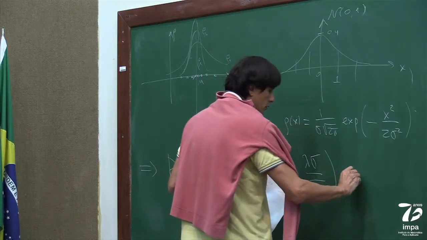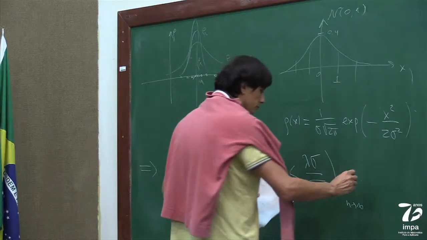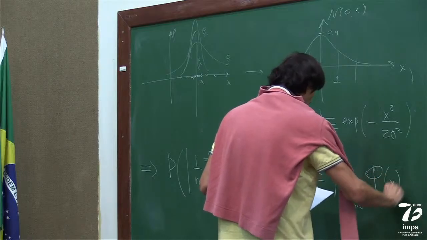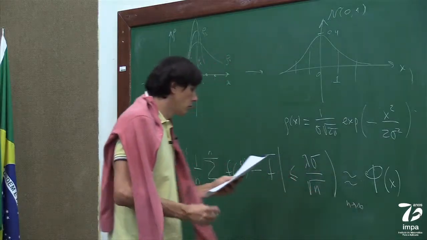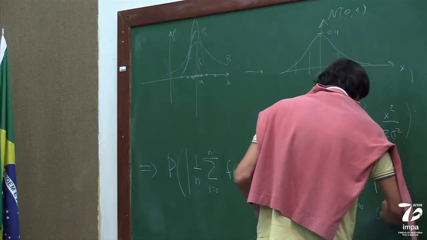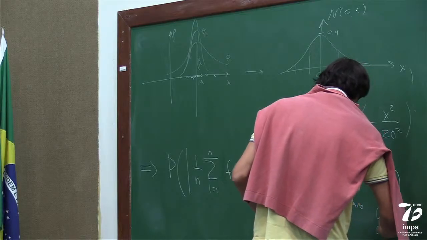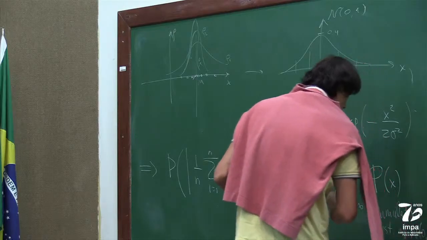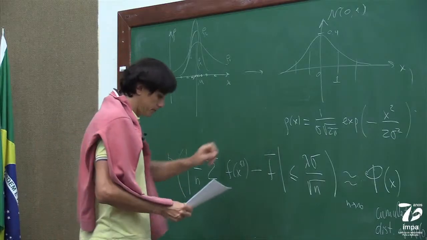And this, in the limit n goes to infinity, is approximately given by the function which is the standard normal cumulative distribution of this density.